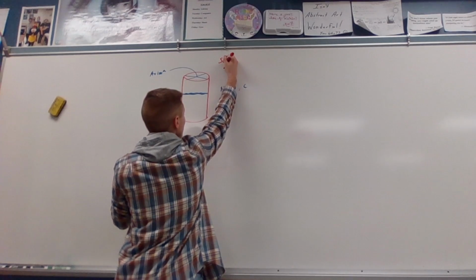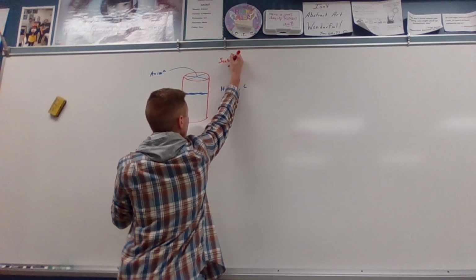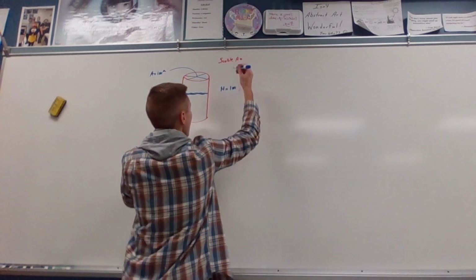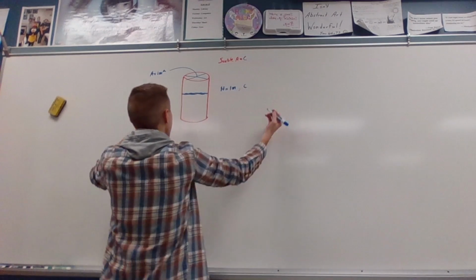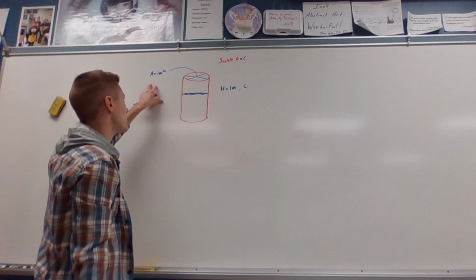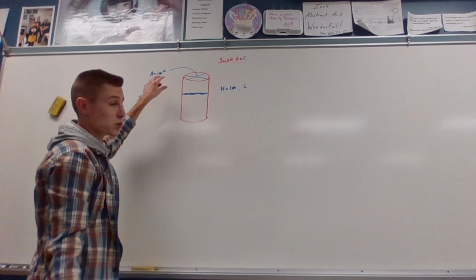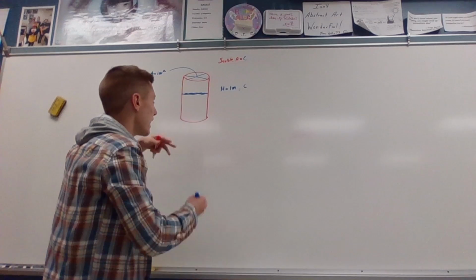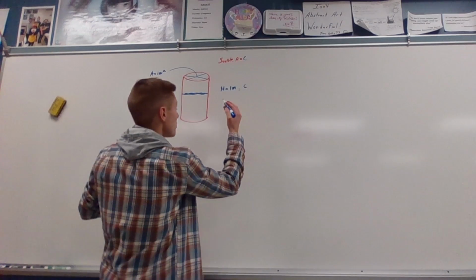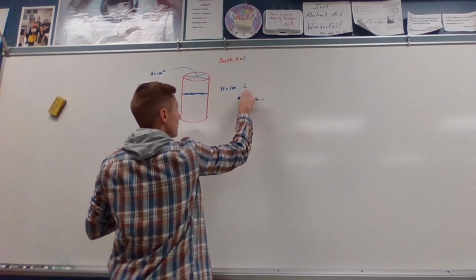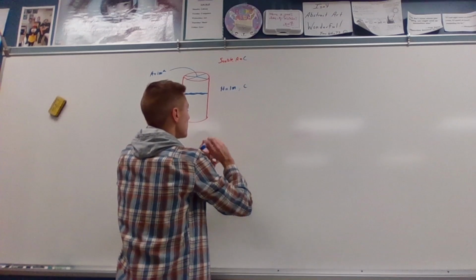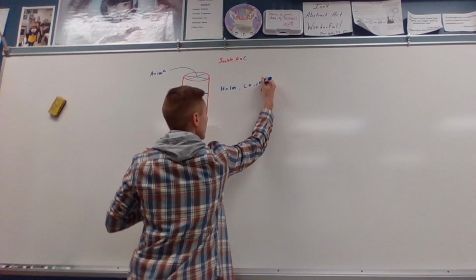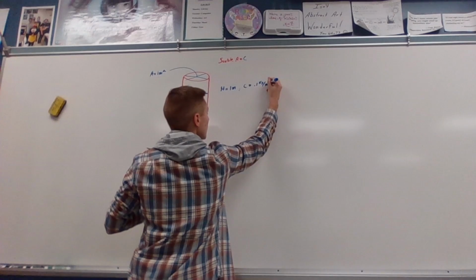We'll say solute A has a certain concentration of C. At different points, it's going to be different. So the concentration coming in, which we'll go into in a second, is going to be different from the concentration of the system, and it'll be different at different points. So the concentration of solute A here is going to be equal to 0.1 kilograms per meter cubed.